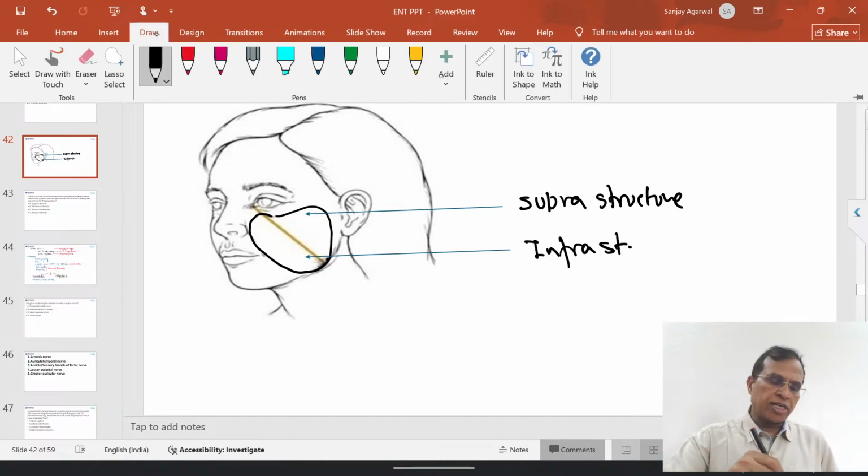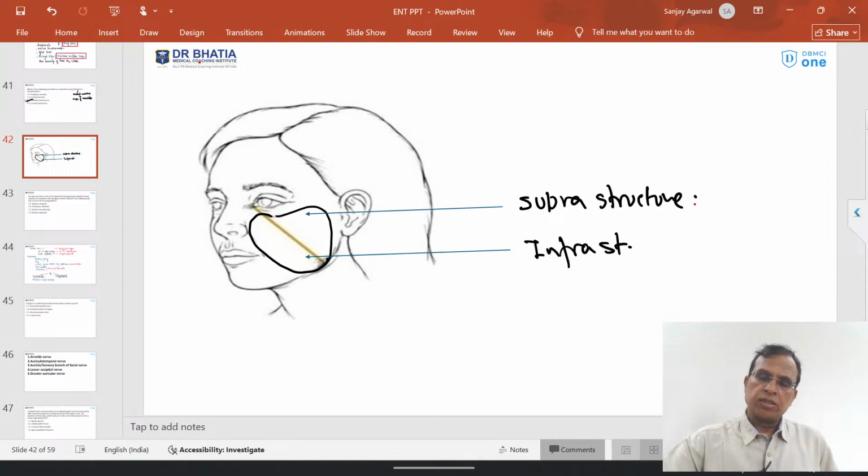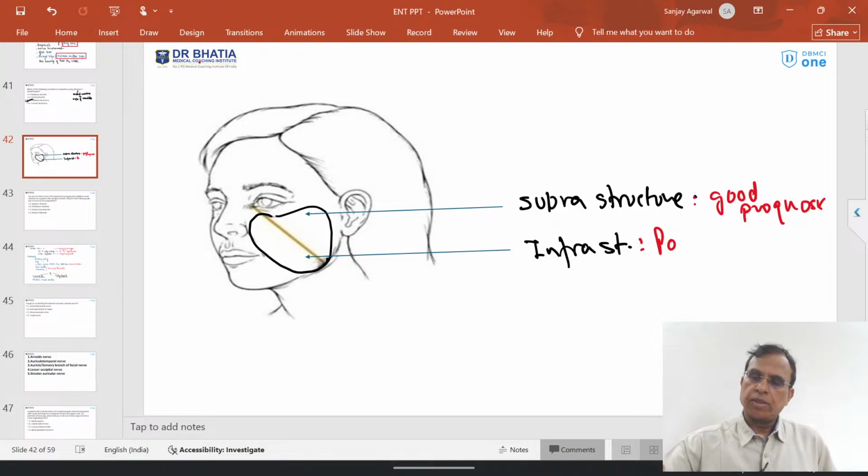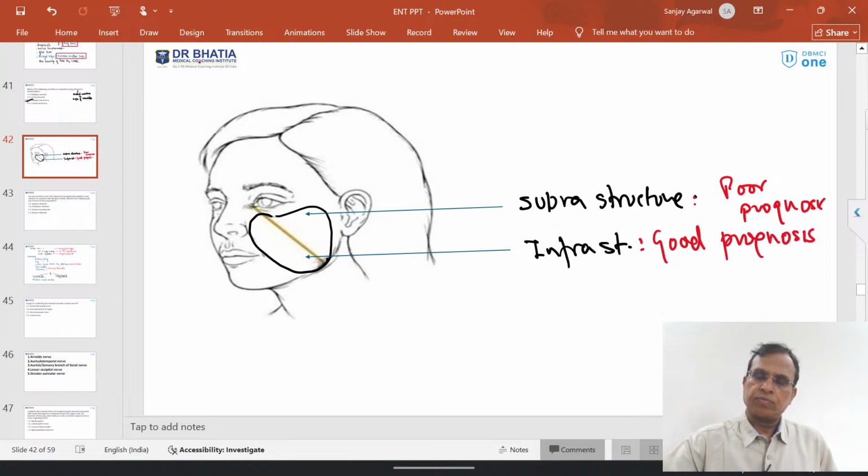Now suprastructure carcinoma has good prognosis, and infrastructure carcinoma has poor. उल्टा हो गया. Oh my God. This has poor prognosis. This has good prognosis. Suprastructure carcinoma has poor prognosis.